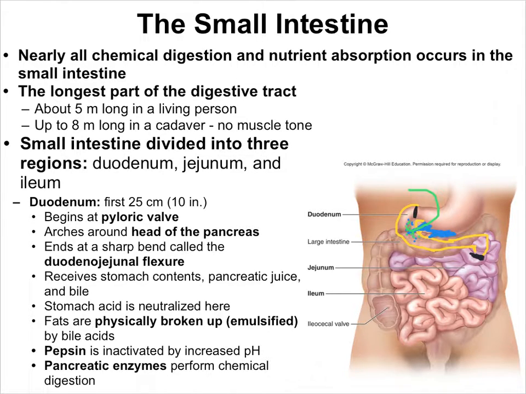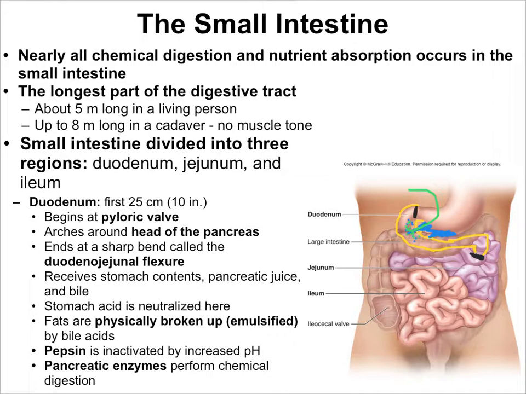And the purpose of that is to neutralize the stomach acid. The stomach is protected from damage from acid by mucus and other things. The small intestine is not, or at least most of the small intestine is not. So the first thing that you've got to do is neutralize the acid so you don't end up burning and ulcerating your intestines.